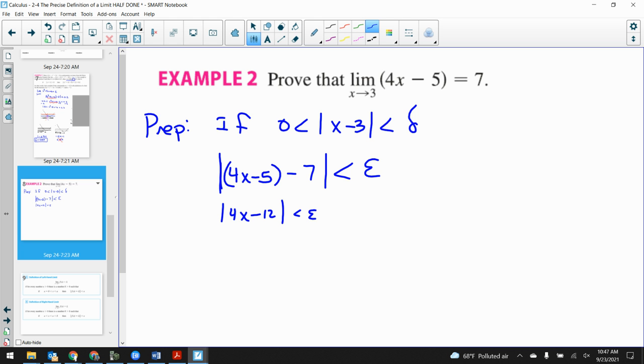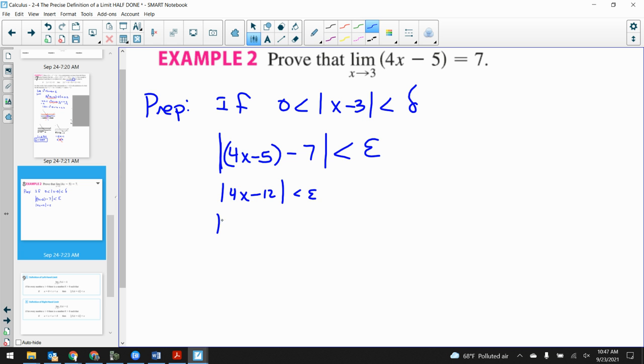Now, can't I pull out the 4? And since it's positive, can't I pull it all the way out? Because it's an absolute value, I can pull a positive number out of an absolute value.